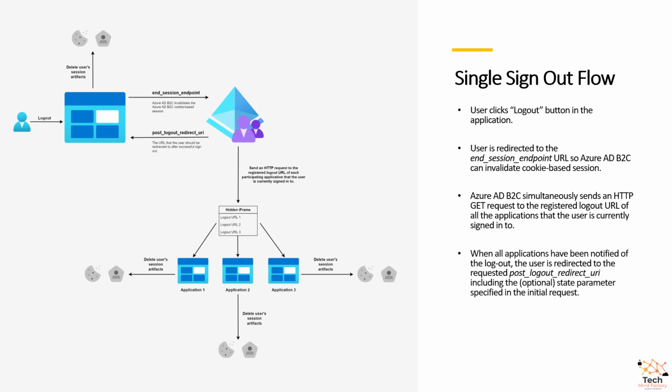So when all applications have been notified of the logout, the user is redirected to the requested post-logout redirect URI, including the optional state parameter specified in the initial request.